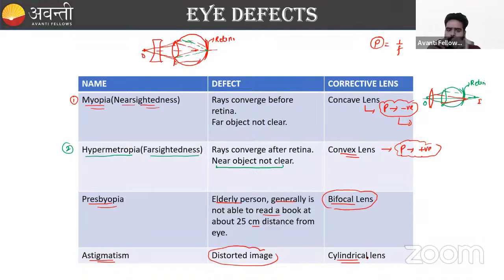Actually, guys, in previous JEE Mains, a direct question was asked on eye defects. So we have to be very careful when we study eye defects, and one should also know the corrective lens for each type of defect.